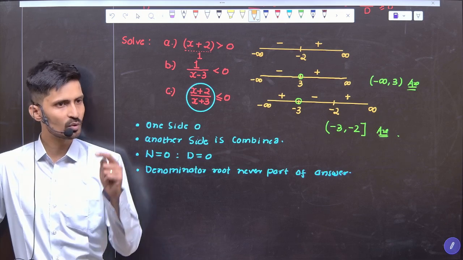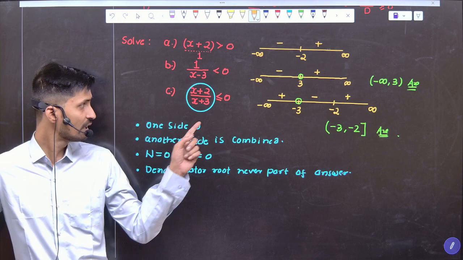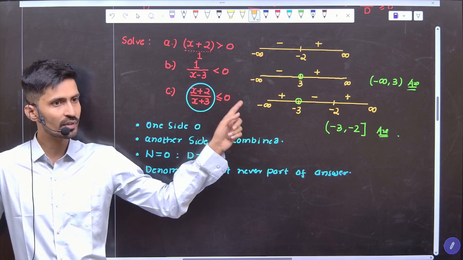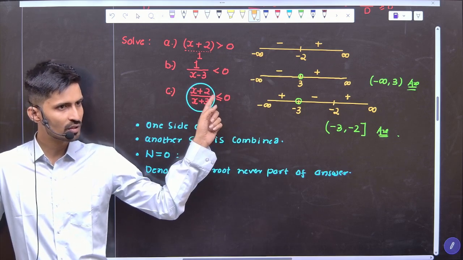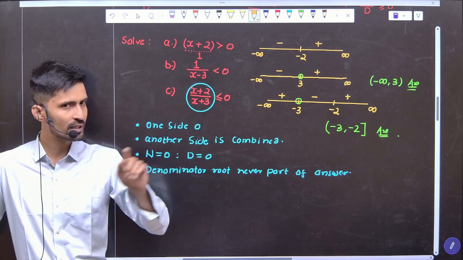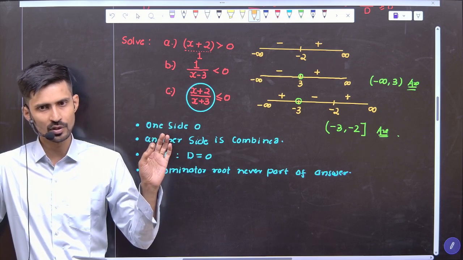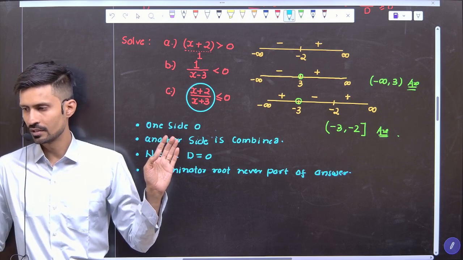Minus 2 is the root of the numerator, yes or no? When the equals to sign is there, the numerator root will be considered a part of the answer. And when the equals to sign is not there, the numerator root is not going to be a part of the answer. So you will have to remember this point. What is the point?